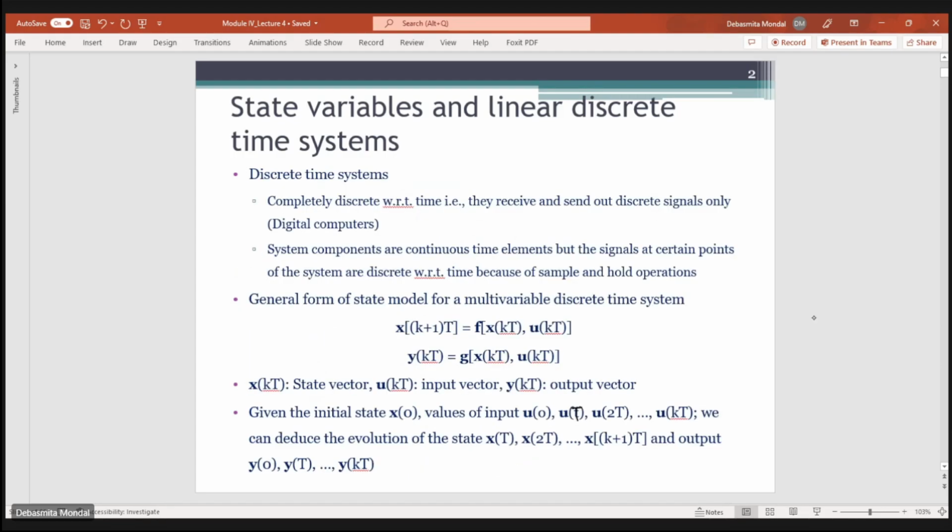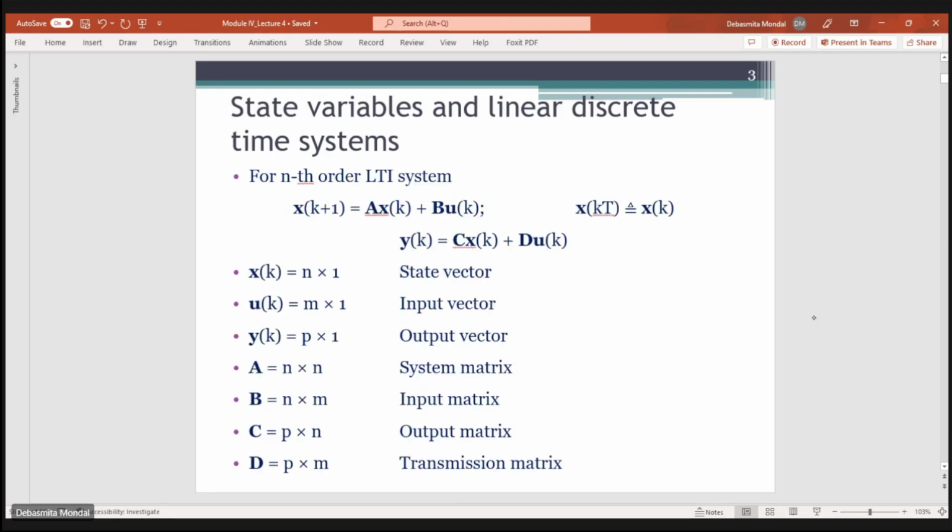In the previous equation, the state variable as well as the input variable were at time instance kT. So we have just defined x of kT as x of k. We substitute it like this, and write that x at the (k+1)th instant will be equal to A multiplied by x at the kth instant plus B u of k.